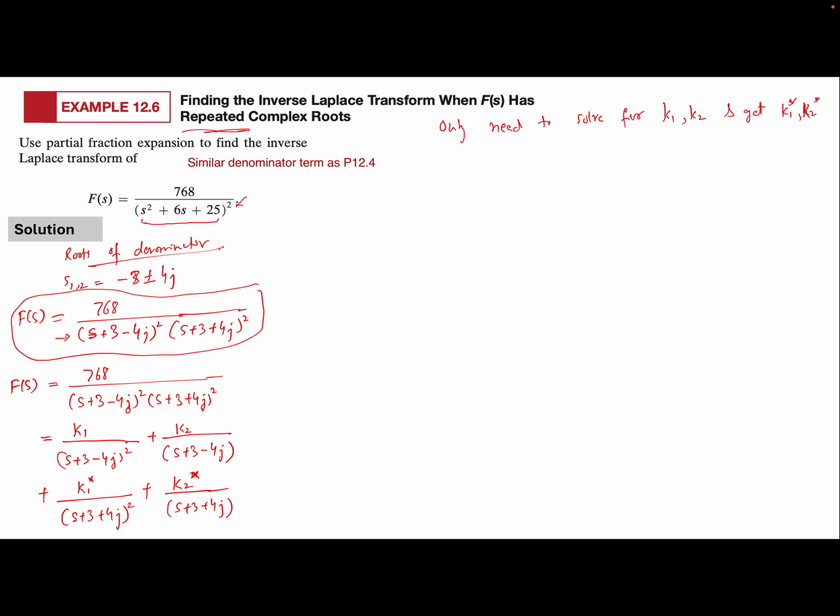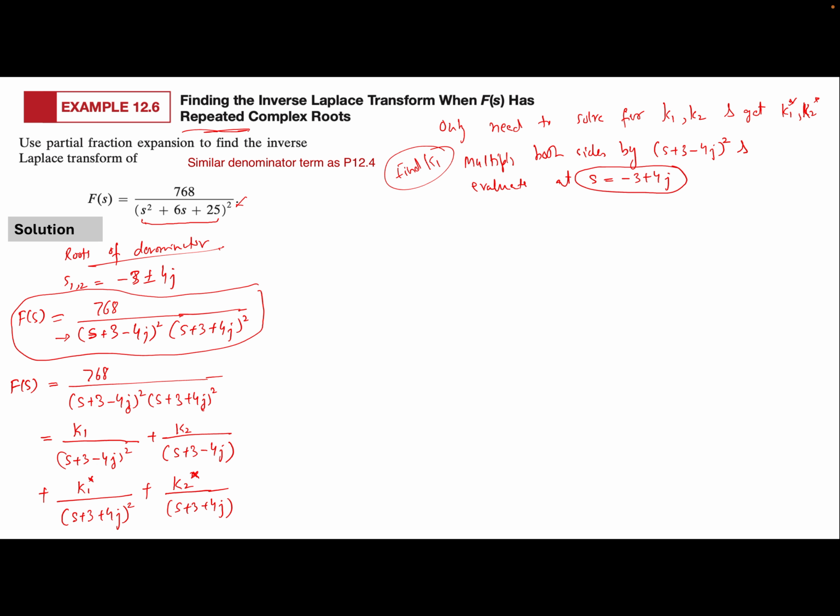In order to solve that, I'm going to talk about one of the past ways of solving it, and then in addition we're going to need some new way as well. So the past way is I can find K1 doing what we have been doing in the past. In order to find K1, I can multiply both sides by s plus 3 minus 4j whole square and evaluate at s equals minus 3 plus 4j.